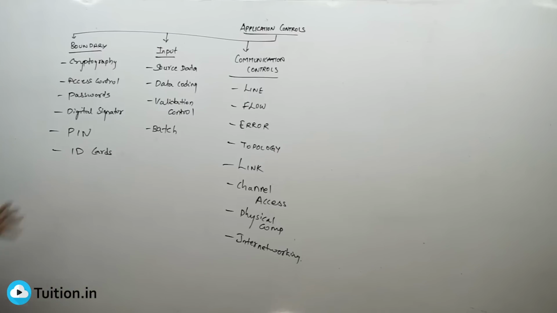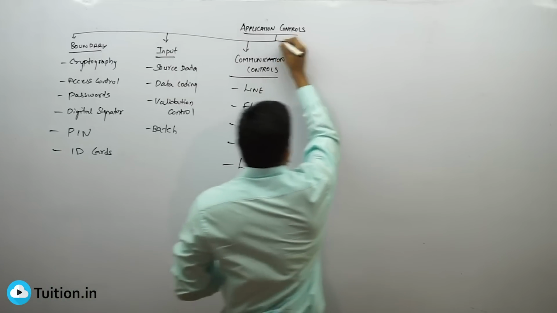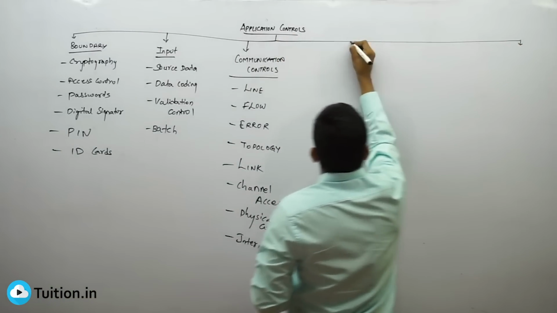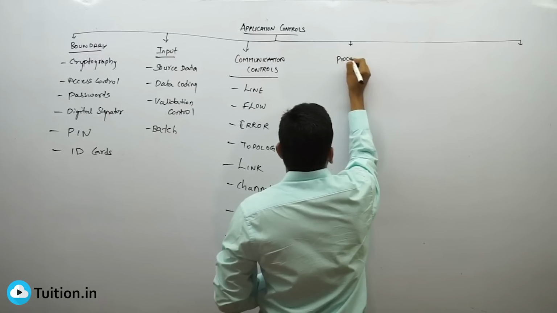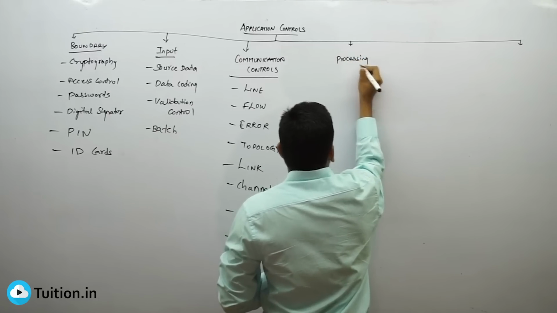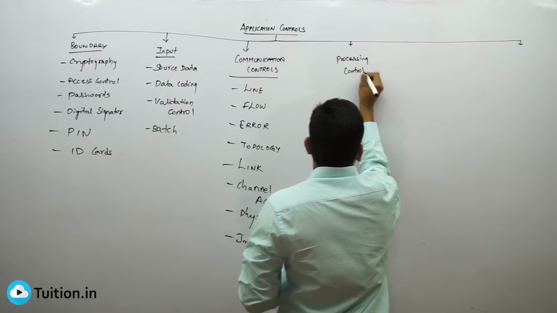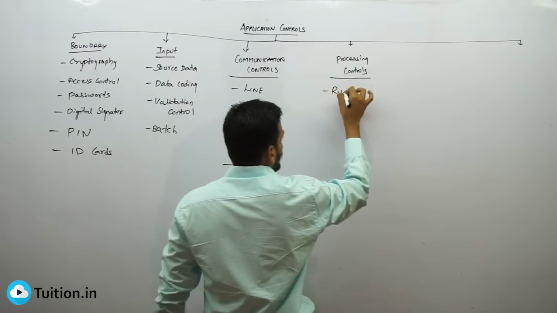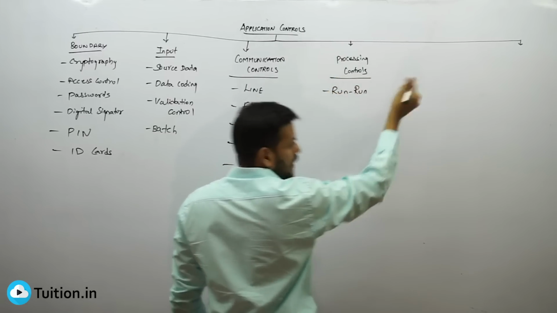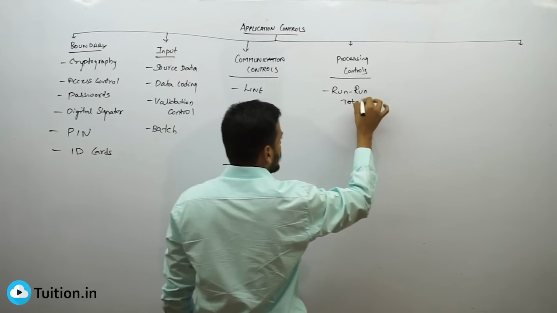So these are three basic controls, guys, on one side. Then we have processing controls, output controls, and of course database controls. Let's move on to processing controls. In processing controls we have run to run totals, which means pre-run and post-run we will check run to run totals.